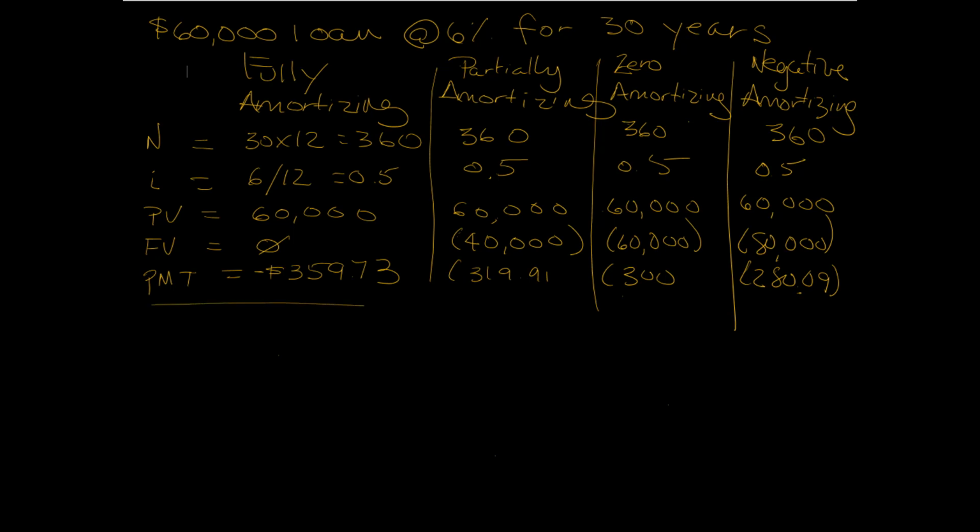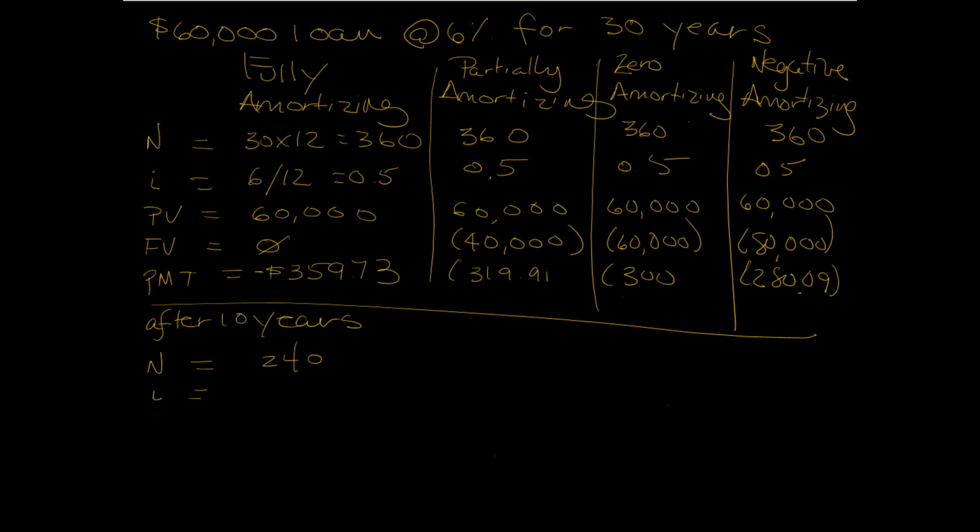So the way we'll do this now is we're going to solve for the present value of the remaining payments. So our remaining payments after 10 years would be n equal to 20 times 12 equals 240, because 10 times 12, or 120 payments, have already been made.